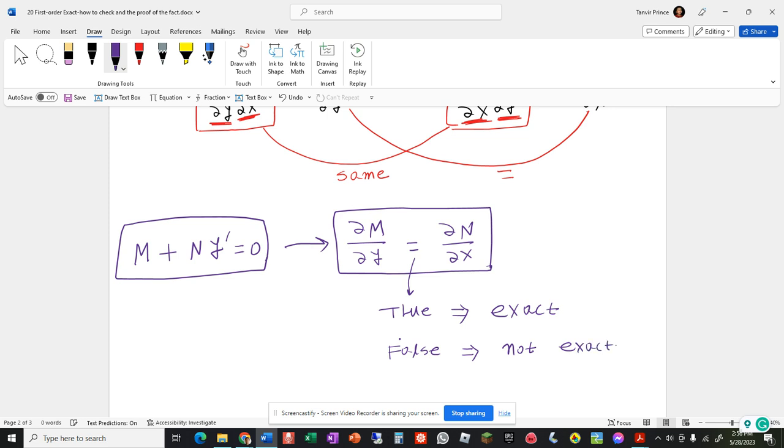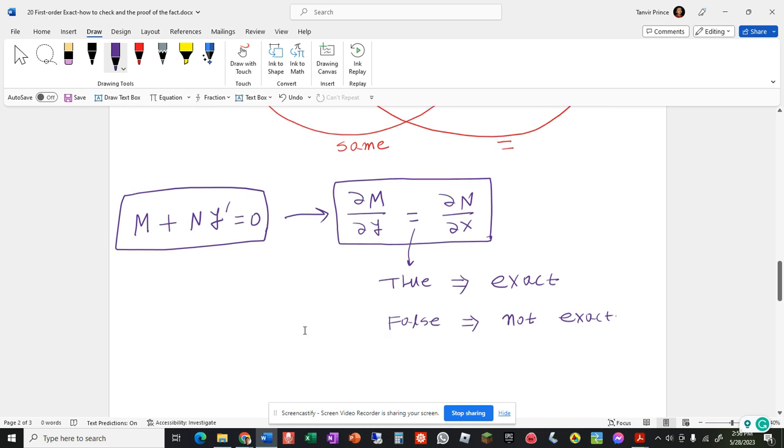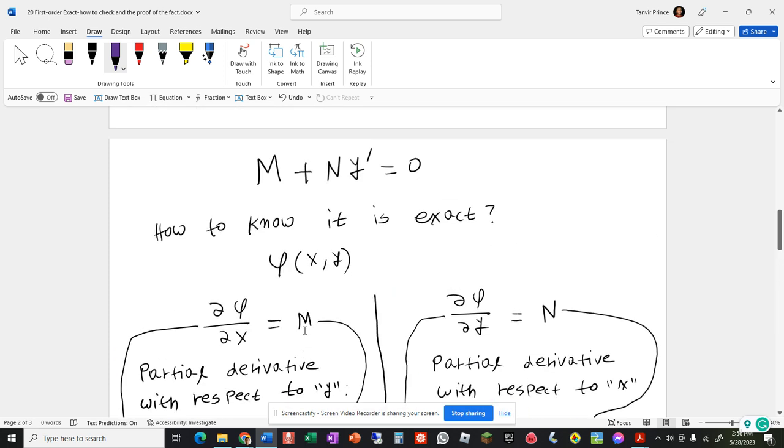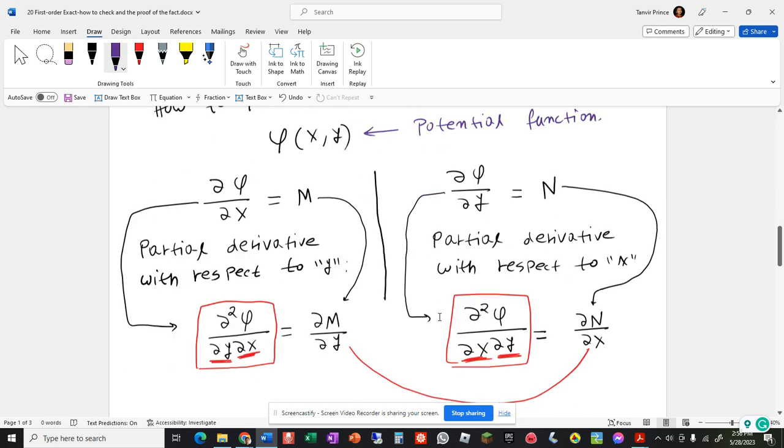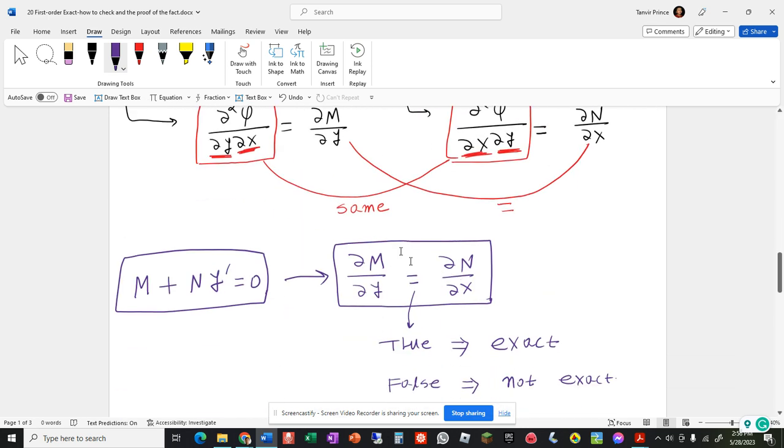If this equation is false, then you cannot find a potential function. Sorry, I forgot to tell you, this phi is sometimes called a potential function. So such a function phi does not exist. If this equation is false, then you stop. You cannot find the phi, so you cannot use this method.